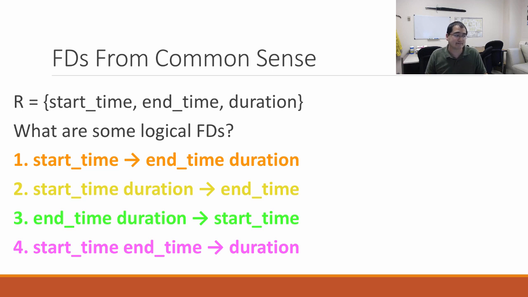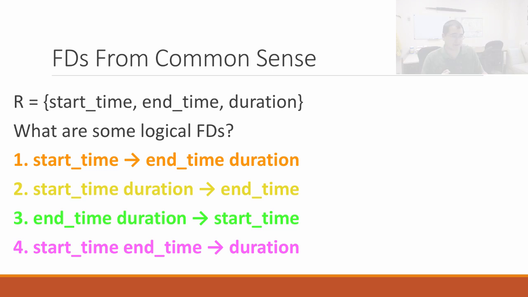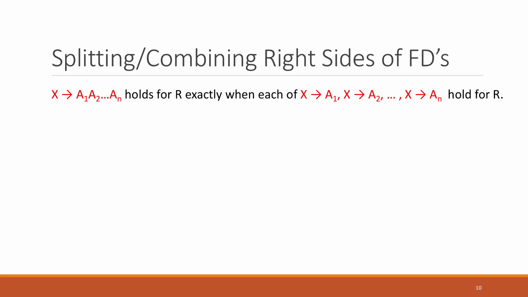All right. Some more rules regarding how to handle functional dependencies. If I have a functional dependency like X functionally determines A1, A2, through AN, this means the same thing as X functionally determines A1, and another functional dependency X functionally determines A2, and so forth, saying X functionally determines each thing on the right side of the functional dependency.